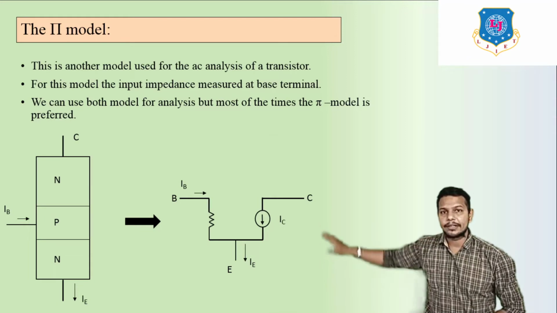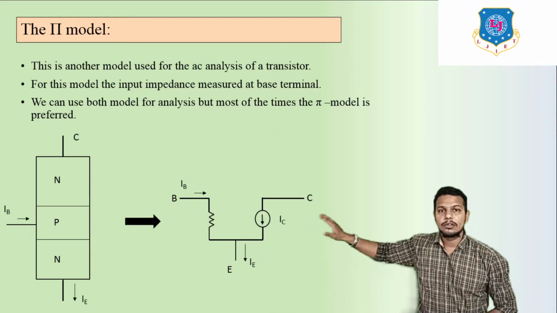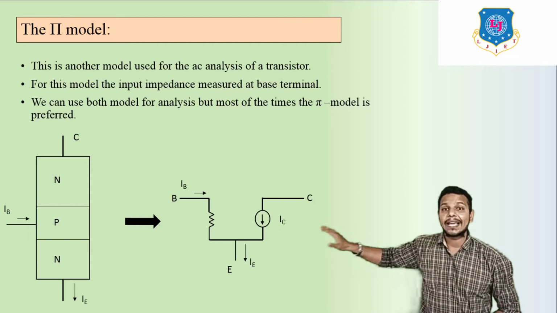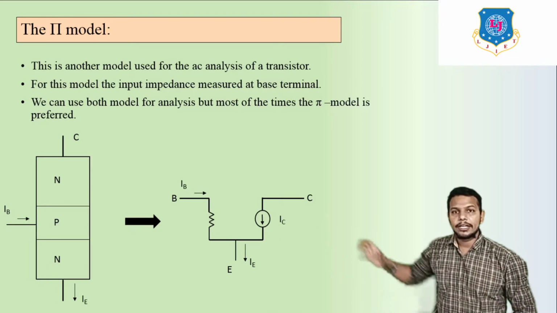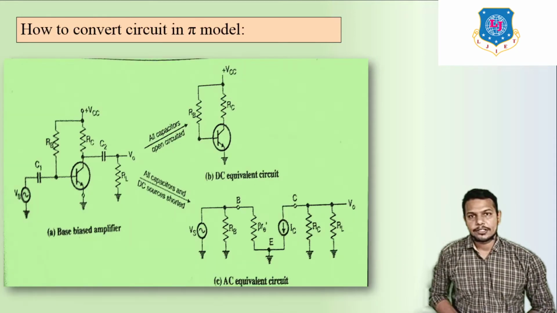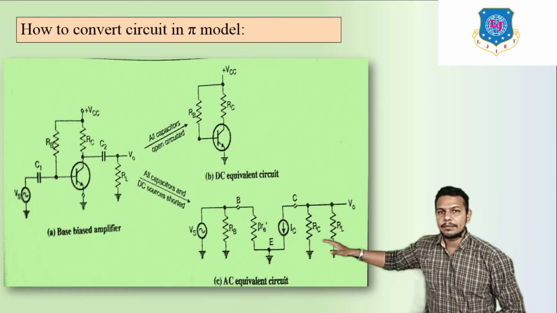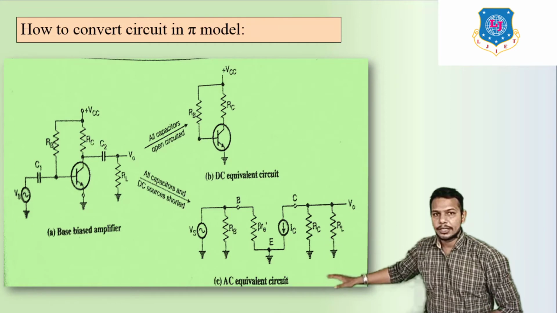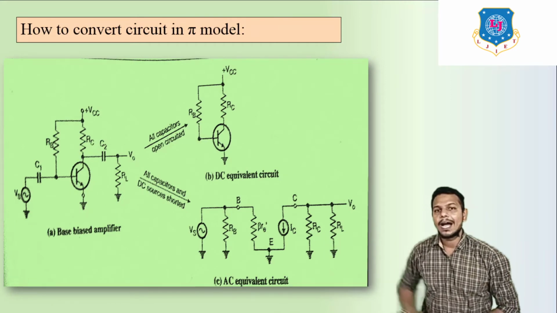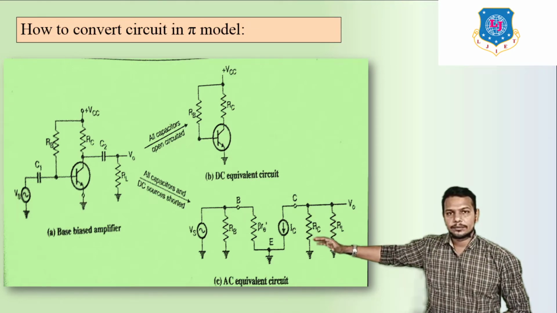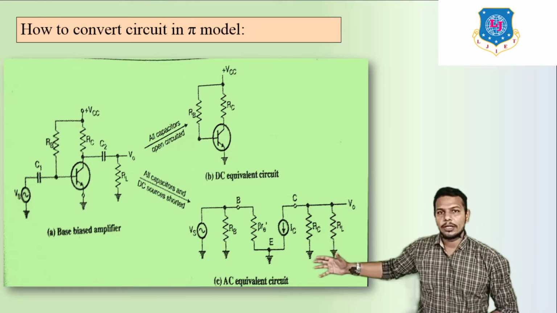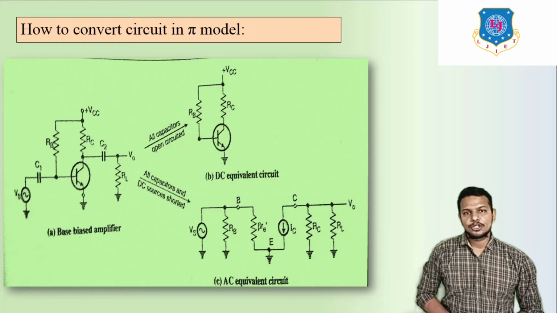Here this is the emitter, and here is the current source, which is known as IC. All these things are put instead of this transistor. Here we can see the beta RE dash, here the emitter, and here IC. So this is the pi model instead of the NPN transistor.